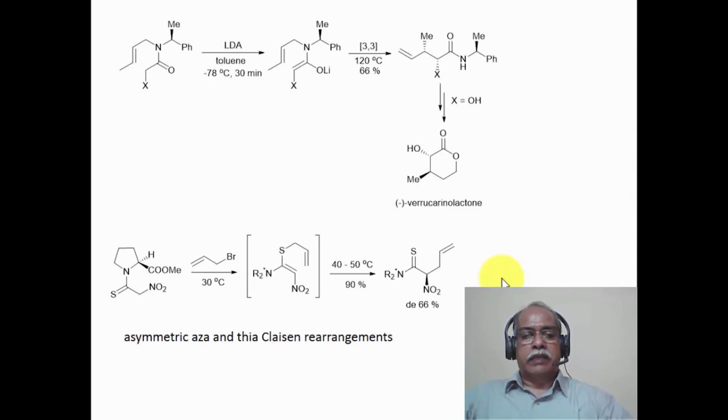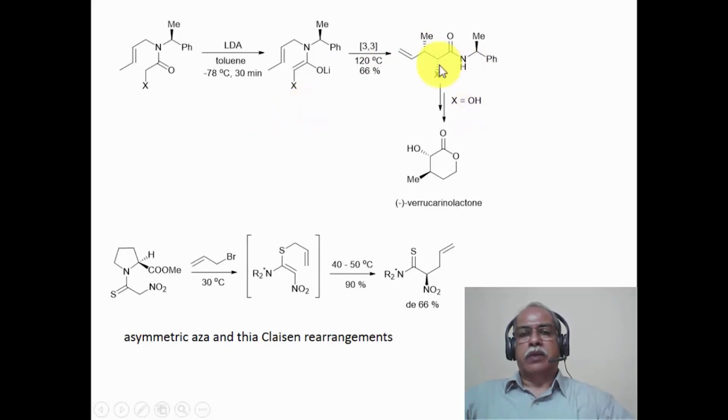Examples of asymmetric ester and thio-Claisen rearrangement are given here. This is an example of a first order asymmetric system, because an optically pure starting material is what is taken. Once you generate the enolate using LDA in toluene at a very low temperature, the enolate is highly reactive. So when it undergoes a 3,3 sigmatropic rearrangement at 120 degrees, it produces this particular diastereoisomer of the compound.